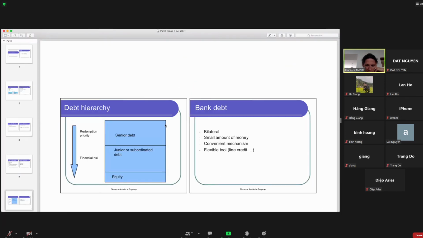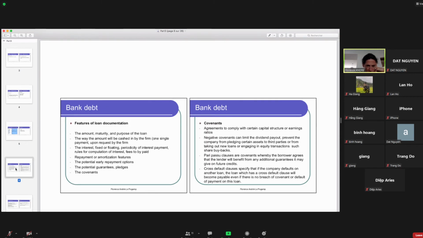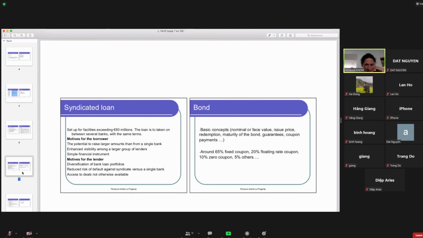Here you have the debt hierarchy. You have the different features of the different forms of debt, and I recall the different points we find in loan documentation, but I think you're okay with that because it's not complicated.